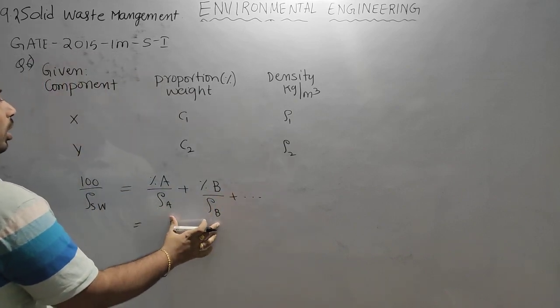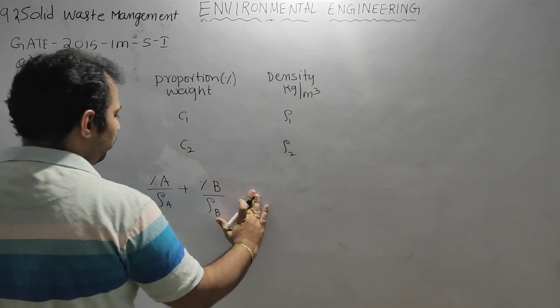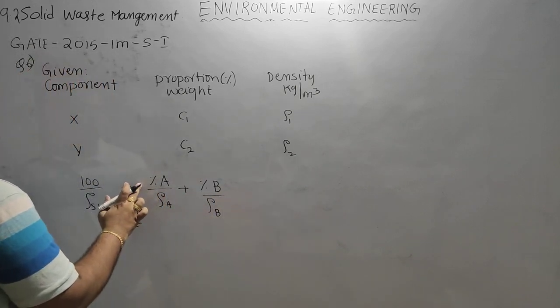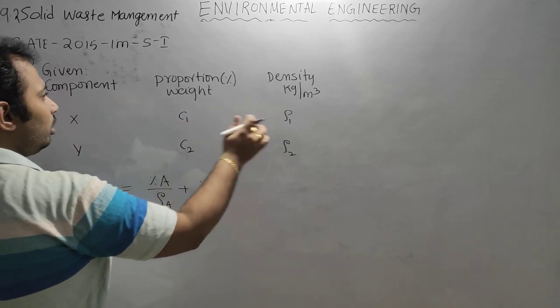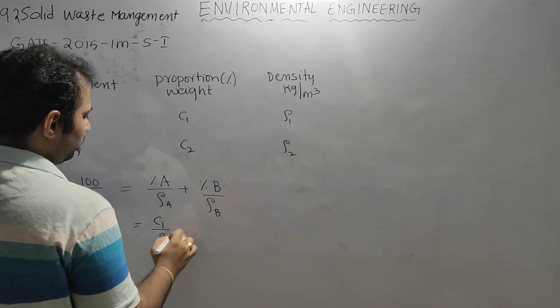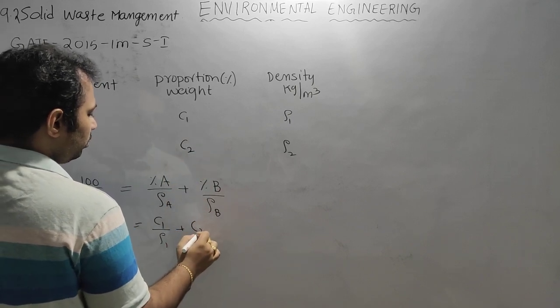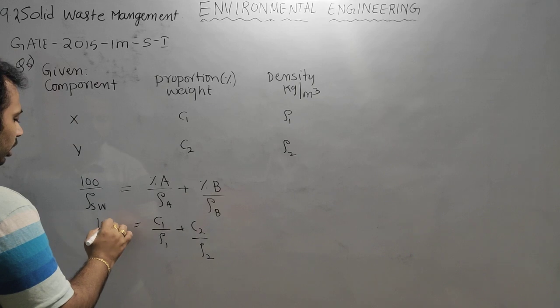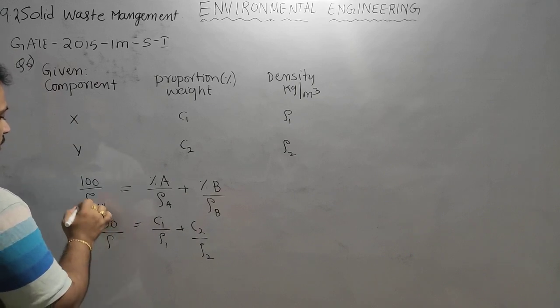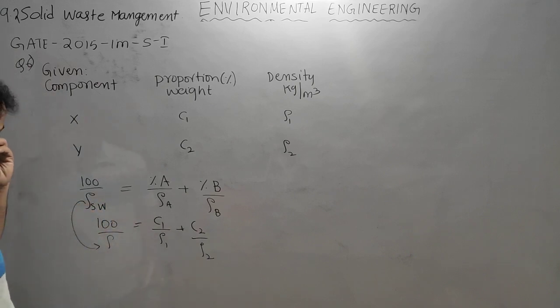Here only two items are there, so we need to take up to B only. Proportion of A is C1, and A density is rho 1. Proportion of B is C2, and density of B is rho 2. So this is nothing but 100 by rho. This is given as rho in the question.